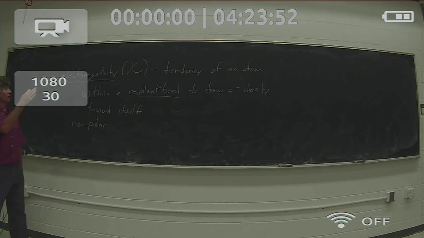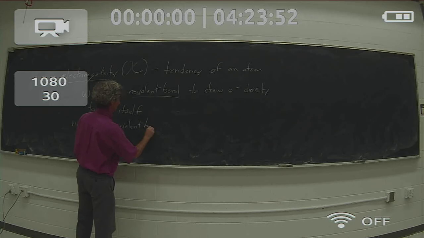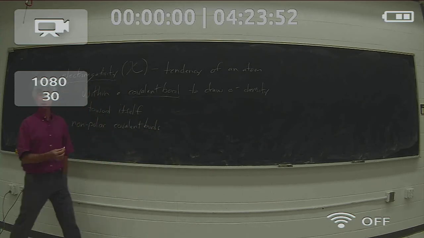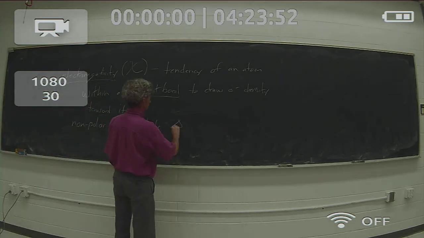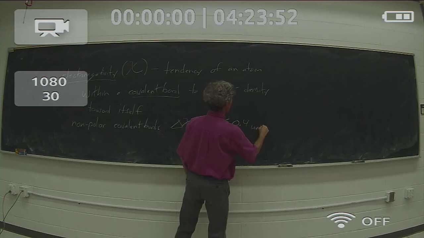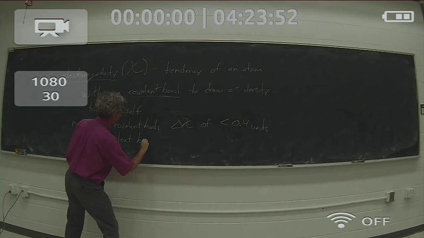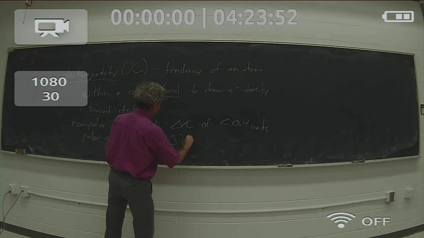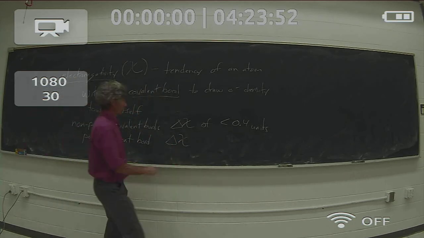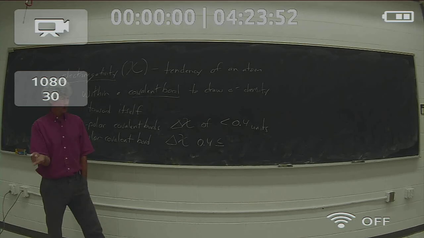And the amount of difference in the electronegativity is going to determine when something is a nonpolar covalent bond, which we generally associate with differences in electronegativity of less than 0.4 units, versus a polar covalent bond, which has differences in electronegativity somewhere between 0.4 to about 2.